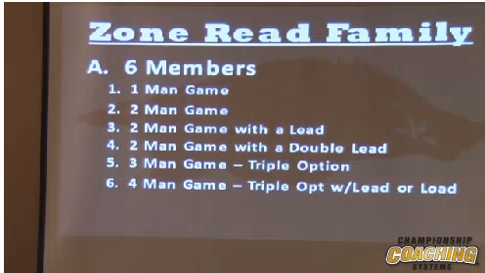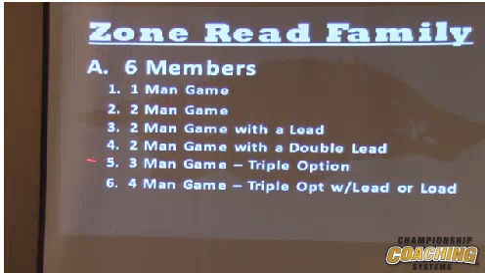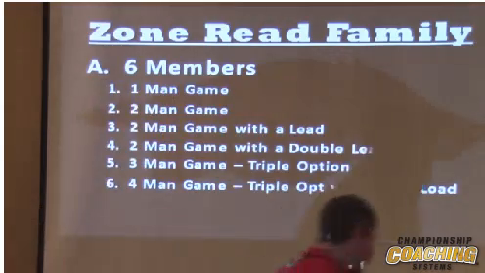Okay, this is the last phase of the zone read family. You must be running these first. Basically, you go to the one-man game when teams are trying to make your quarterback run on the perimeter. Best example, I'll just draw one up, but we'll see it on film.